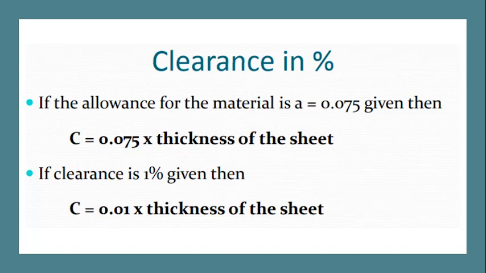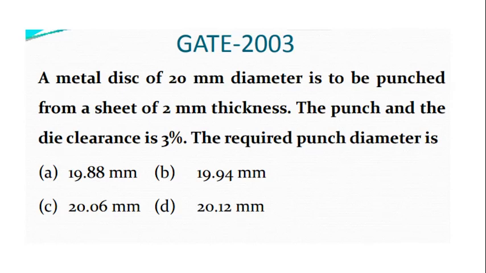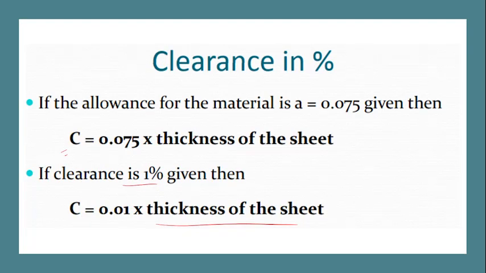So suppose in the question it is given that the clearance is 1%, then you have to take 1% of the thickness of your sheet. Same for the allowance. Now, is this total clearance or radial? Radial.